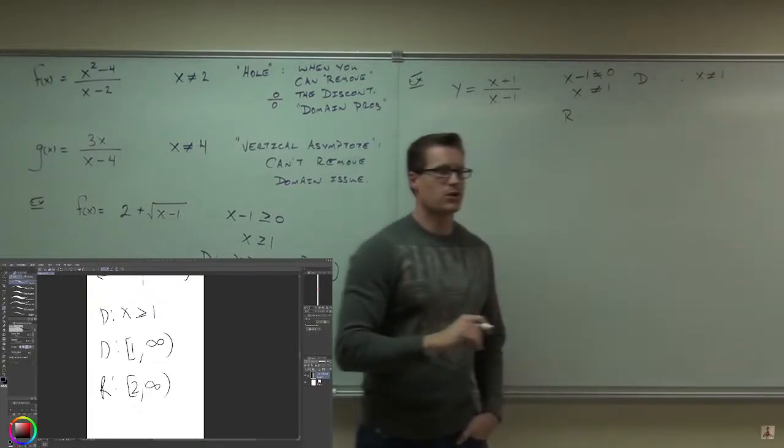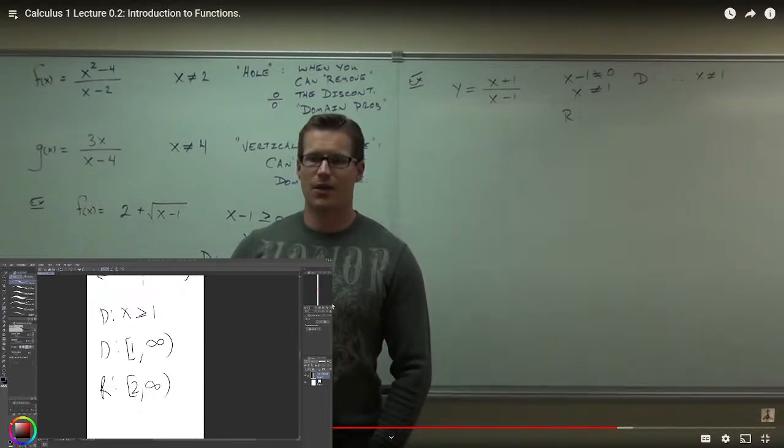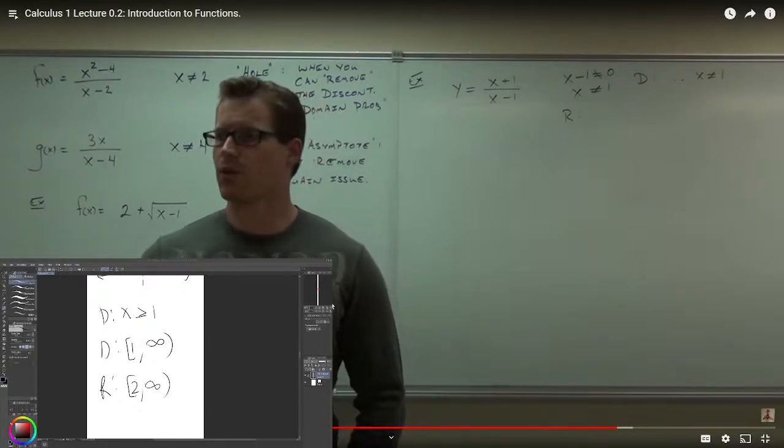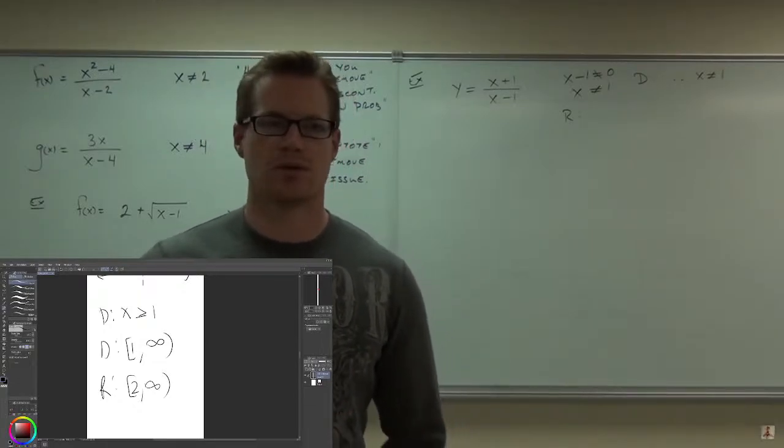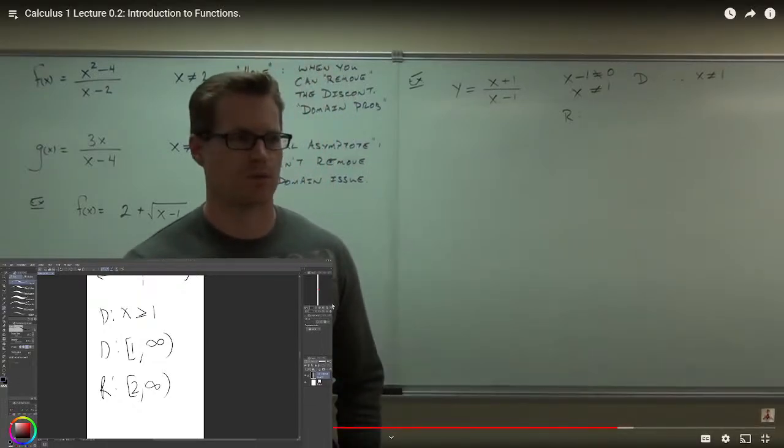Now, the question I have for you is about the range. I think range is all real numbers. Is that thing at 1 a hole, or is that thing an asymptote?